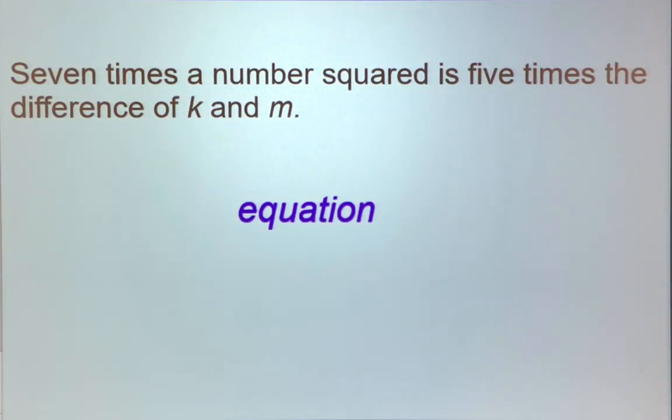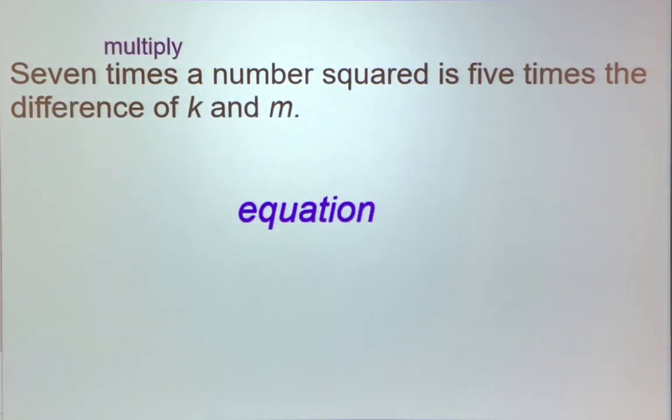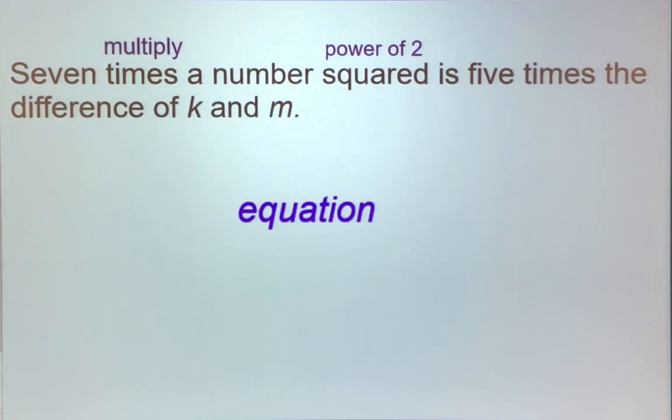Here's our verbal phrase. It says 7 times a number squared is 5 times the difference of k and m. Well, let's go through it again, and this time we're going to identify any operations. Well, 7 times. Times means to multiply. And if we go on, a number squared, well, squared means to the power of 2.